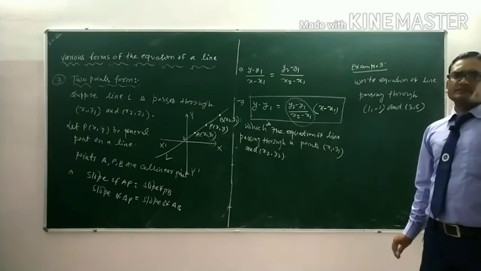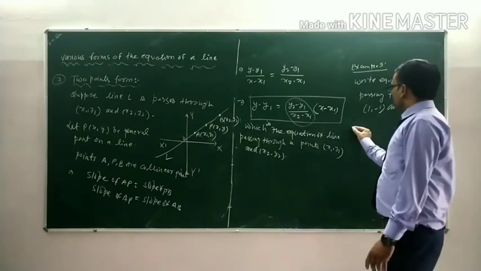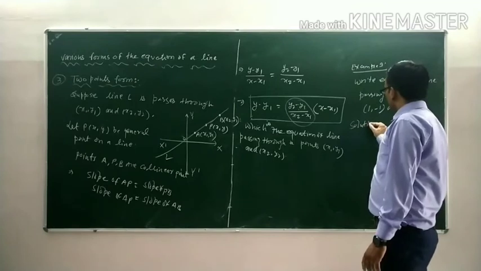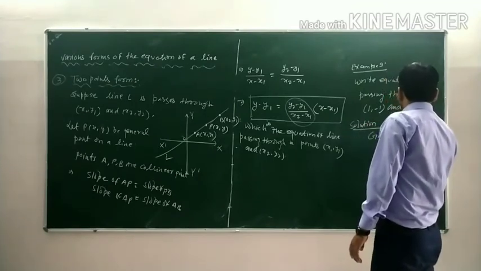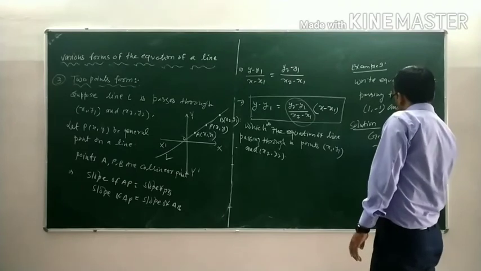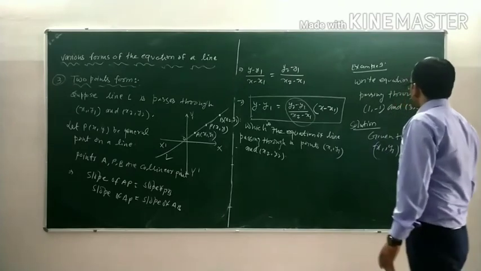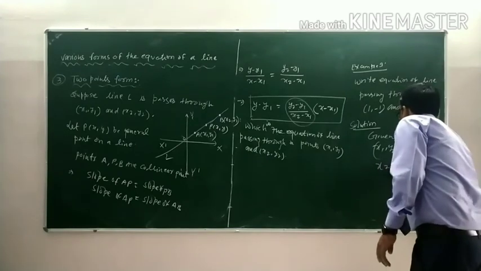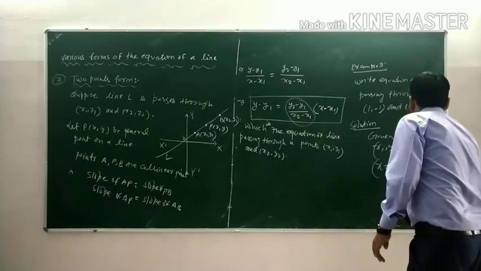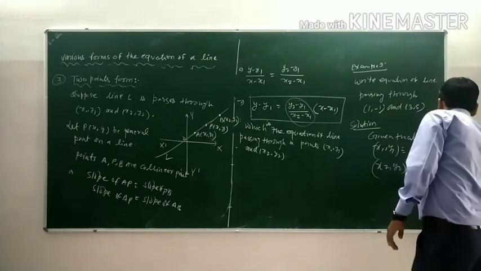Solution. Given that x1 comma y1 is equal to 1 comma minus 1 and x2 comma y2 is equal to 3 comma 5.